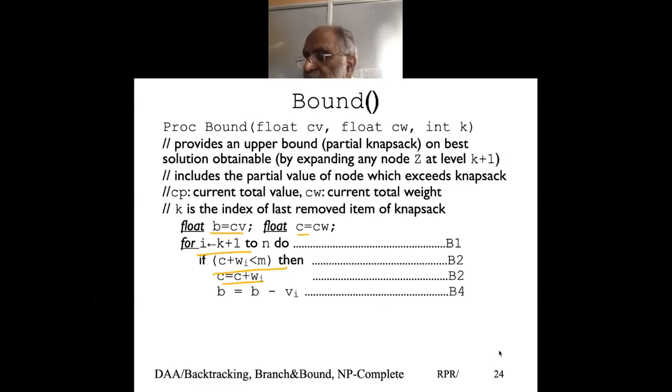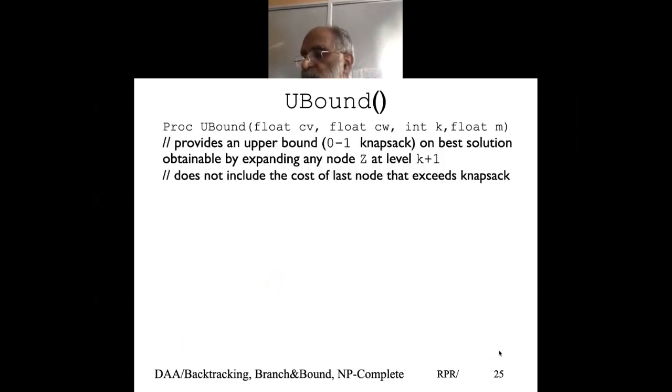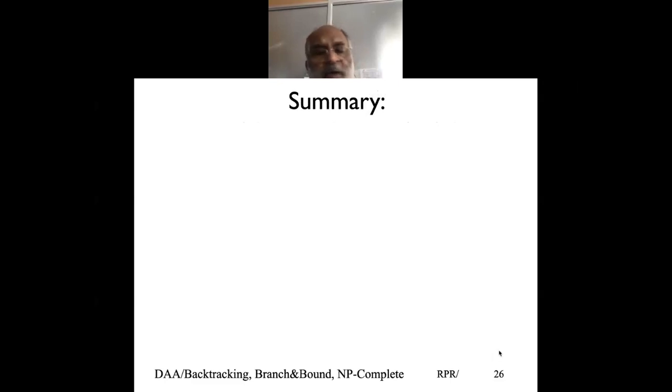If it exceeds the weight, take the partial weight, add it and return that value. This is what we have done in computing. When you do the U bound, we don't include the partial weight. That's the only difference between bound and U bound.